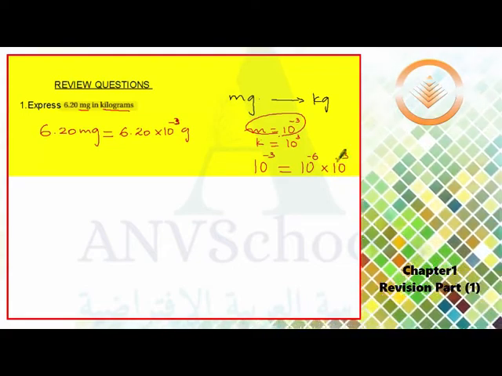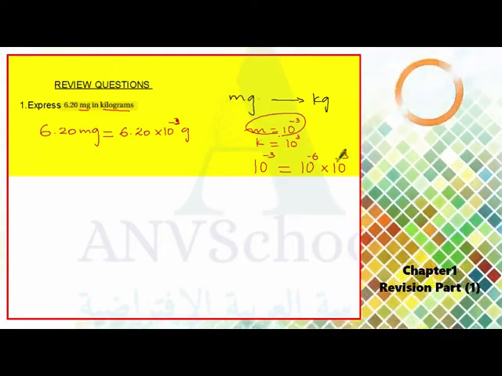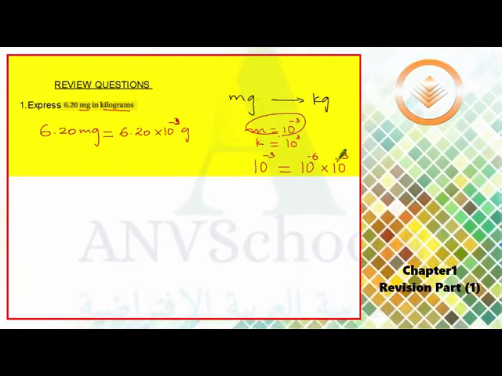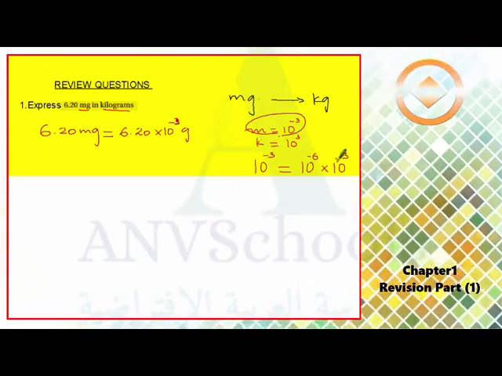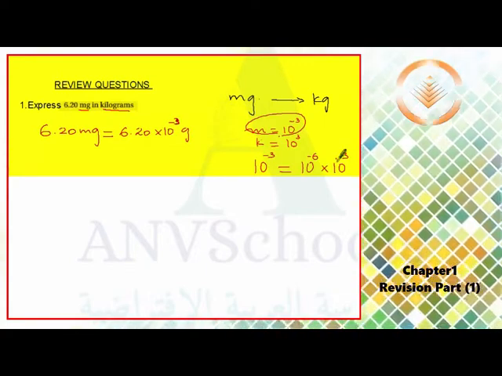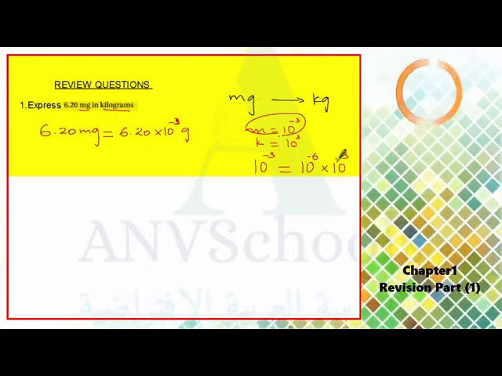I can write it because these two have the same base, so I take 10, then add the exponents. -6 plus +3 will be -3.